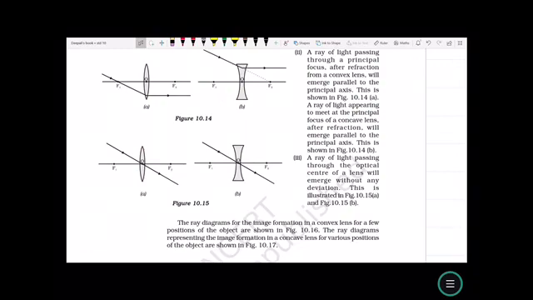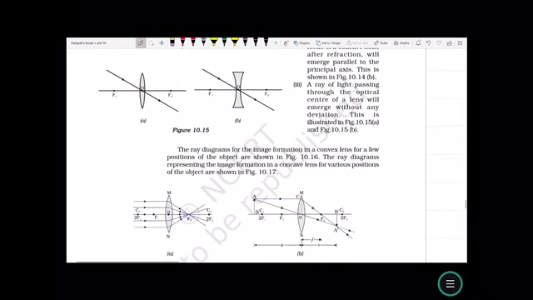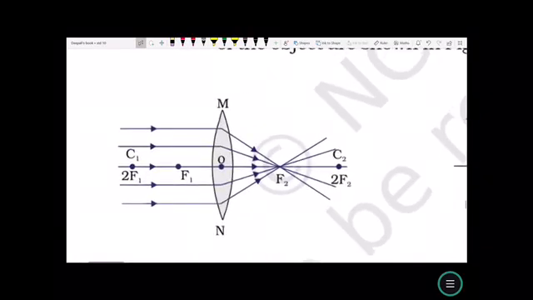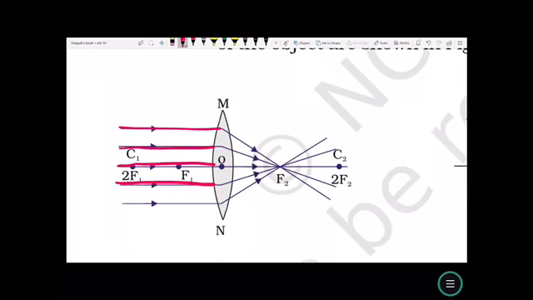The ray diagram for the image formed in a convex lens for a few positions of the object is shown. The ray diagram representing the image formation in a concave lens for various positions of the object is shown below. Now you can observe very clearly that if the object is kept at an infinite distance, then the incident ray and the principal axis are parallel to each other.